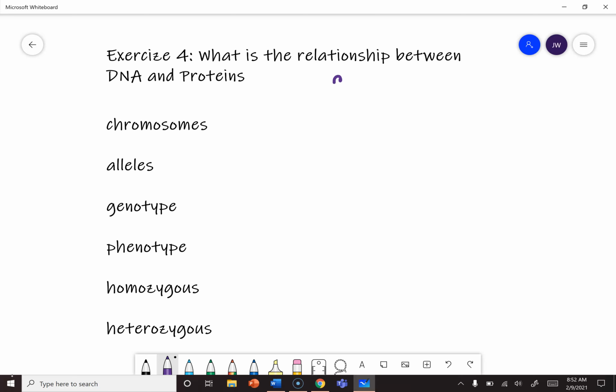In Chapter 6, we learned all about gene expression, which is the process by which you go from information encoded in your DNA, or in your genes, to a functional protein. Proteins are important because they are the molecules in our cells that do all of the jobs. They make the pigment, the color in your eyes.